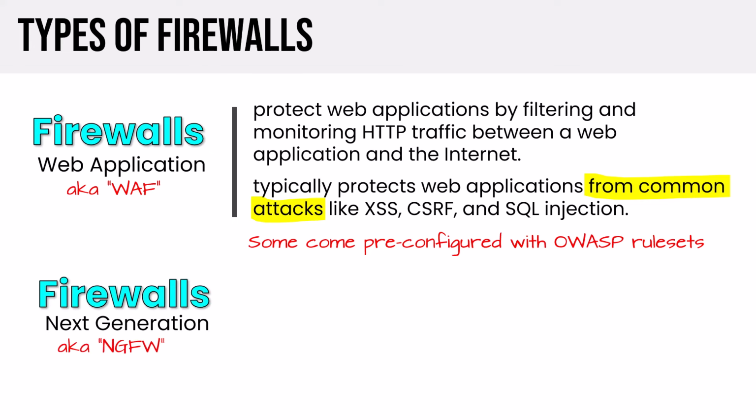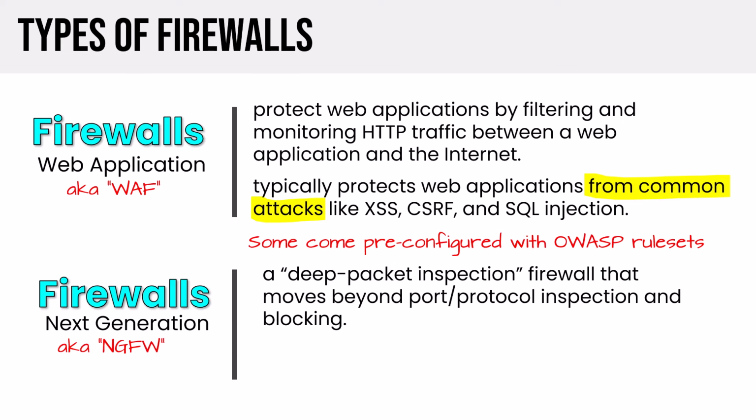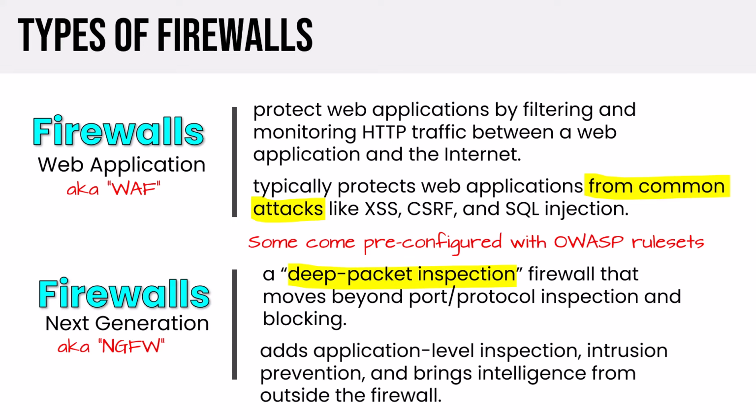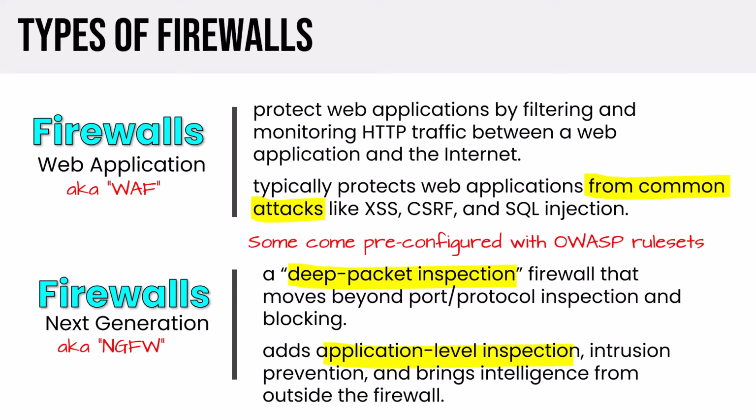And then we have the next generation firewall, abbreviated NGFW. This is a deep packet inspection firewall that moves beyond port protocol inspection and blocking. It adds application level inspection, intrusion prevention, and brings intelligence from outside the firewall, meaning that it generally has access to some sort of external threat intelligence feed.